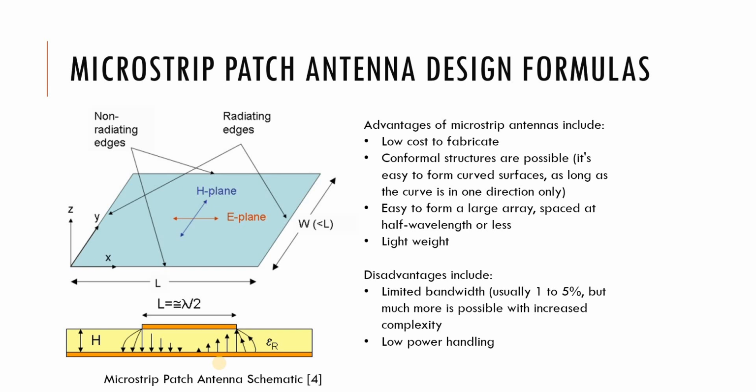So at the end of the patch, the voltage is at maximum, and at the start point of the patch antenna, a half wavelength away from the end of the antenna, the voltage must be at a minimum.